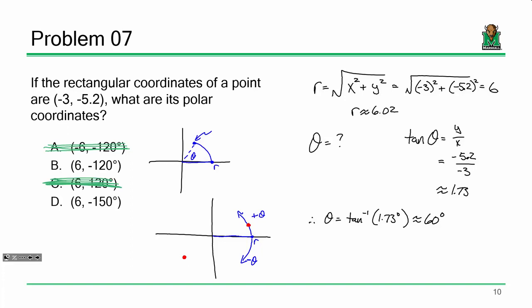Now you go, wait a minute. How's that possible? Well, remember, tangents repeat every 180 degrees, right? Remember, what does the graph of the tangent function look like? So what I can do is say that since the tangent repeats every so often, it's essentially 60 plus or minus those even increments of pi.